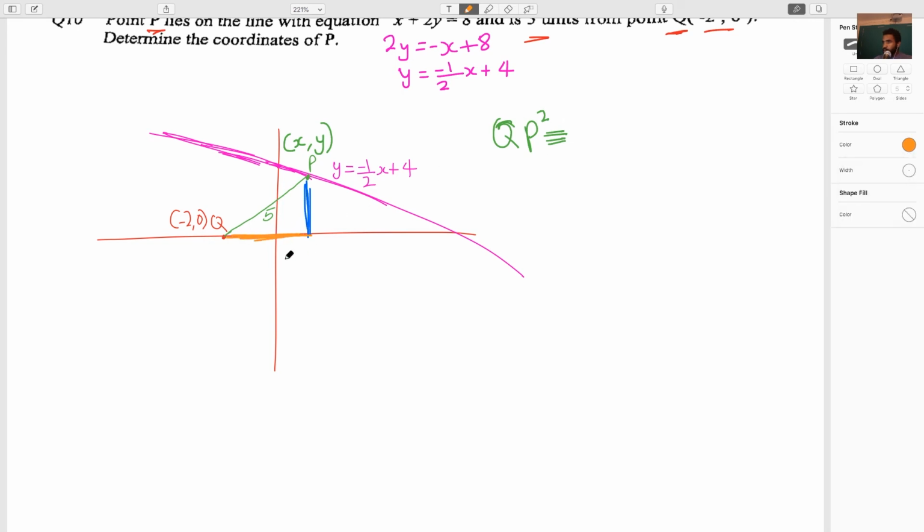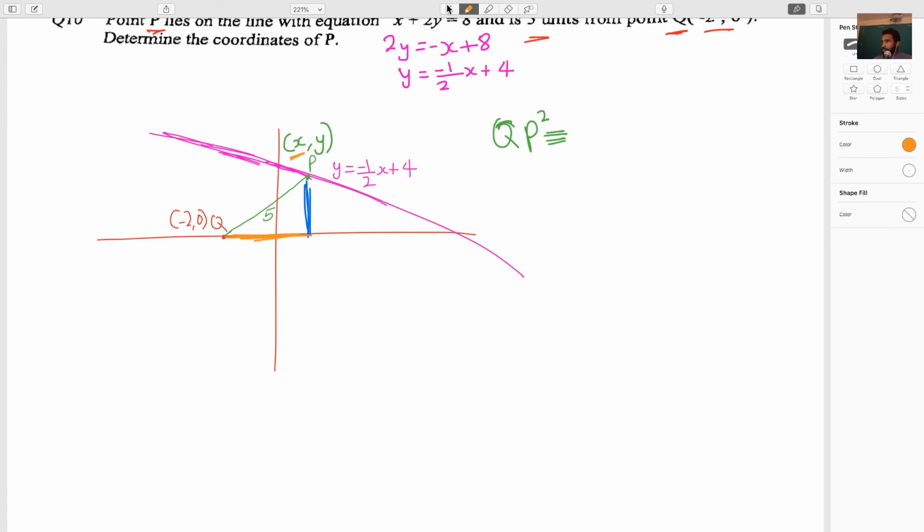So QP squared is going to be equal to this thing squared plus this guy here squared, right? So what is this thing here squared? This thing here squared is going to be the x's here, x minus 2. So the distance between this guy here and that will give you this distance. Hopefully that makes sense.